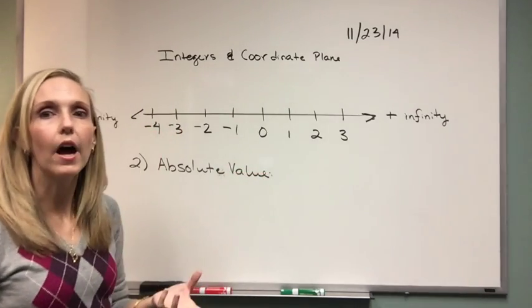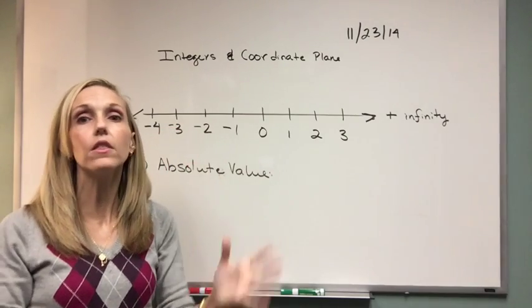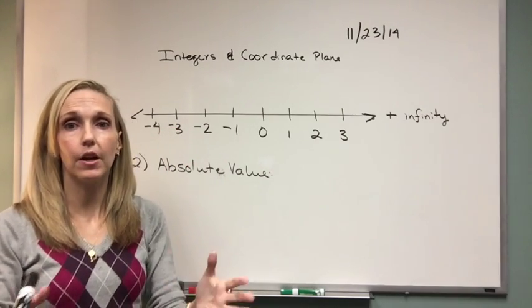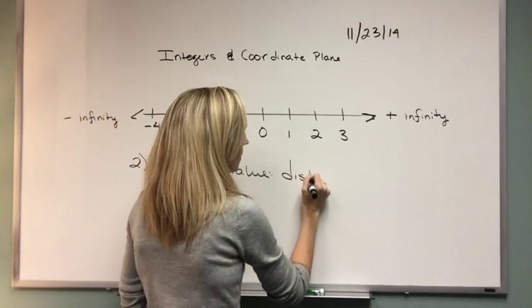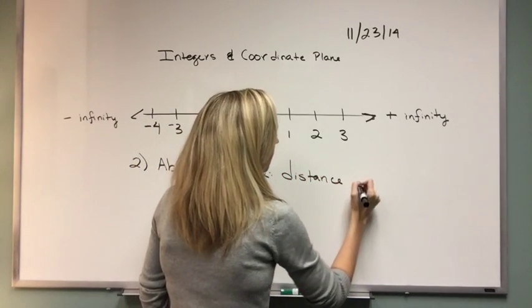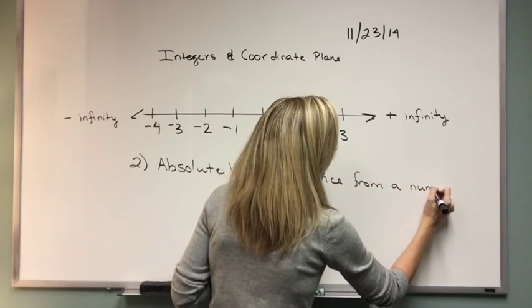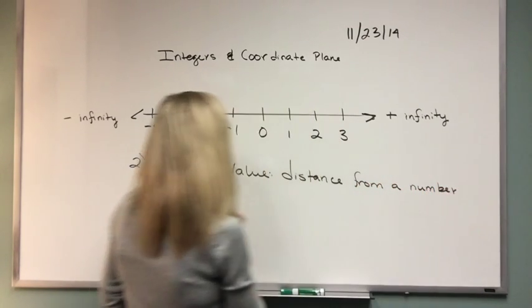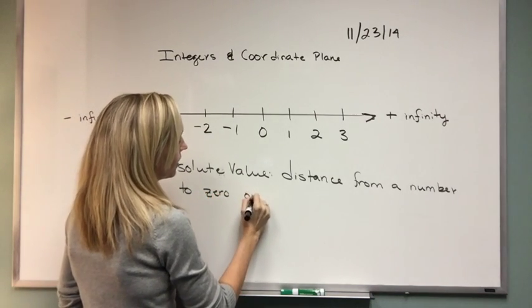Okay, an absolute value, it's a distance. That's the most important thing that you remember. Absolute value means distance. It is a distance from a number to 0 on the number line.